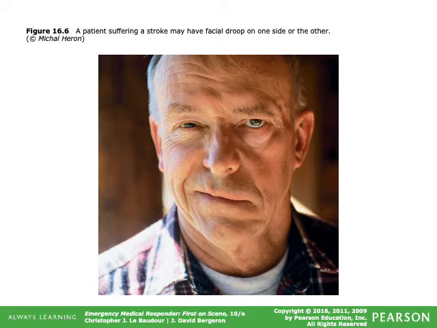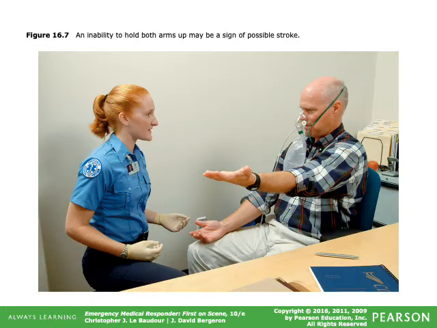If you look at his face, it's obviously affected on one side. One side appears to be normal, the other side does not. Alright, so this provider is having the patient attempt to hold both arms out in front of him. It looks like he's not able to hold his right arm out. Signs of a possible stroke.